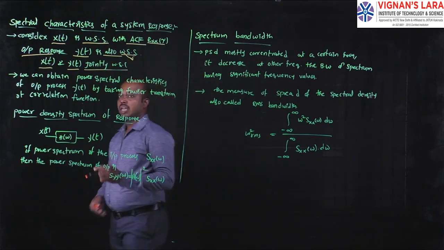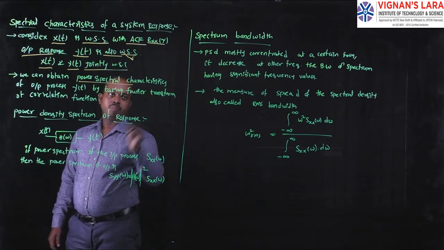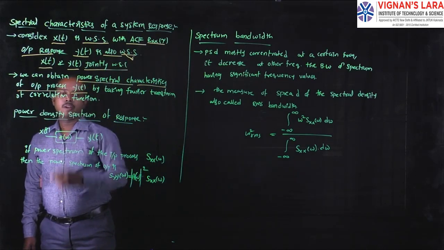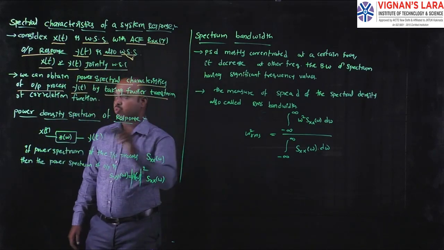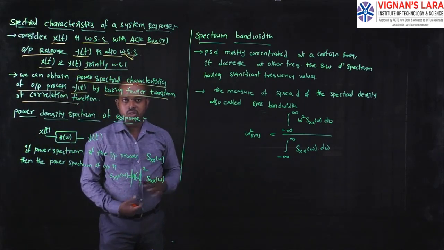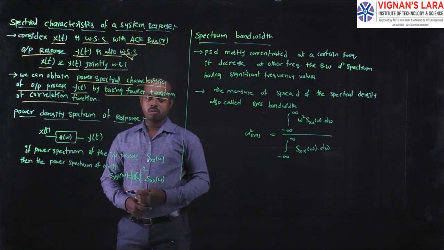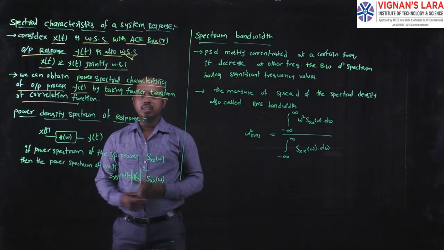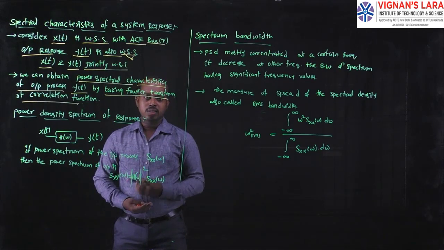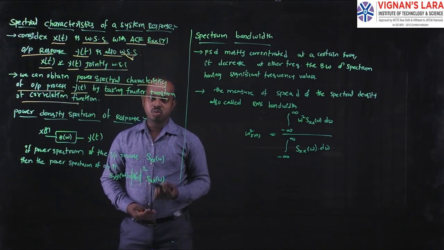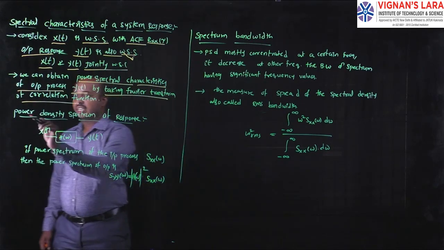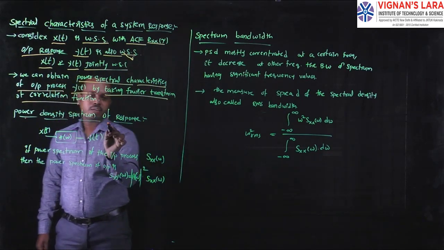Now we can obtain the power spectral density characteristics of the output process y of t by taking the Fourier transform of a correlation function. We can take the Fourier transform of a correlation function, and then easily obtain the spectral characteristics of a system response. For that we take the power density spectrum of a response.